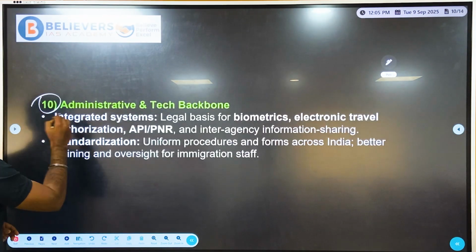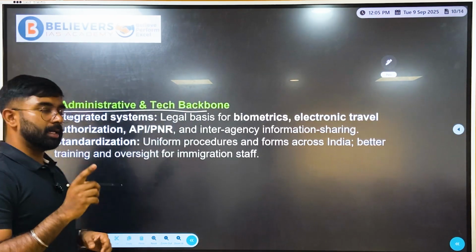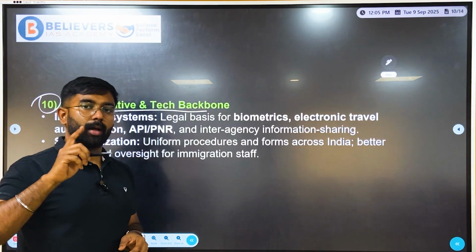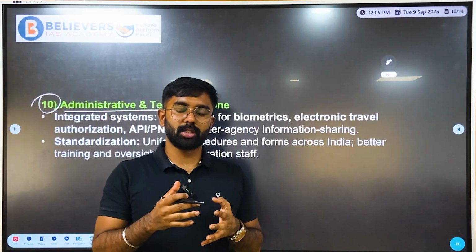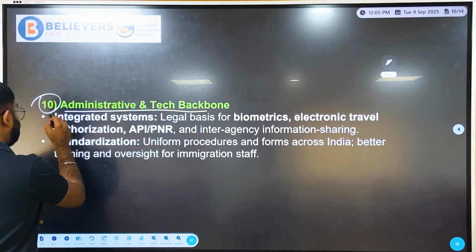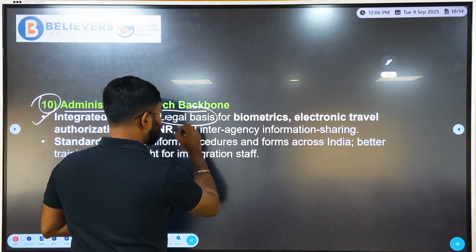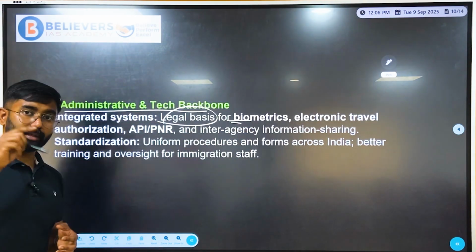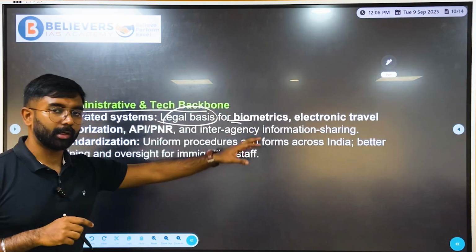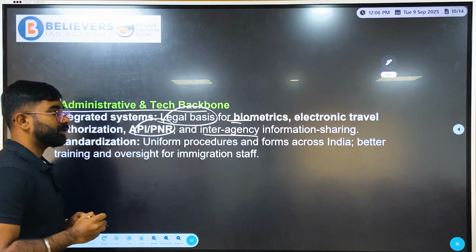Now, last but not the least, the administrative and tech backbone. As we discussed, this not only tries to make the immigration process more secure for the country, but also makes sure that the integration of tech is happening. So a legal base is also being provided in order to incorporate biometrics, electronic travel authorization, API, PNR, and interagency information sharing.